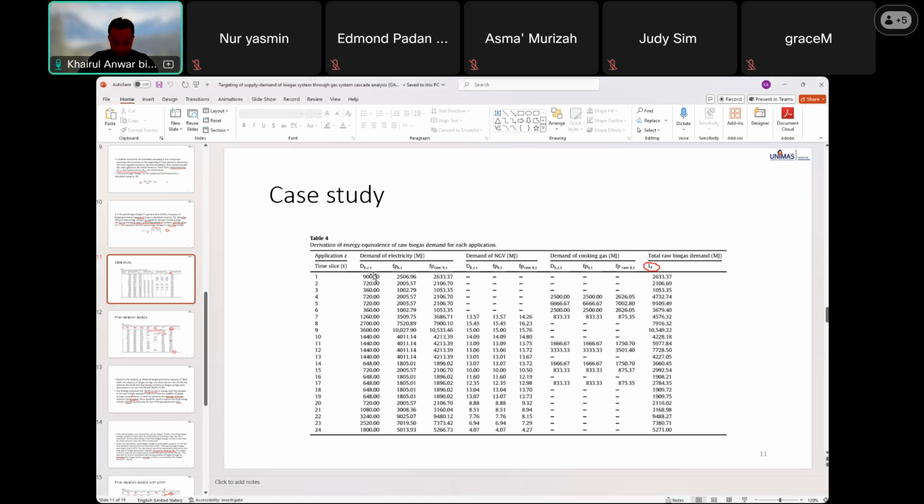So for the calculation here, it is based on table 3.